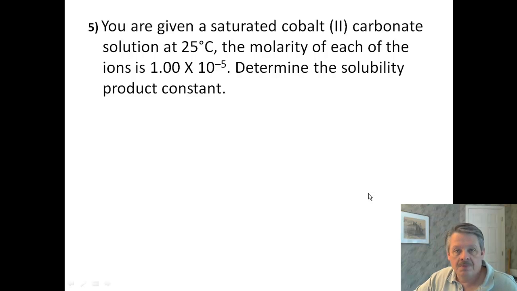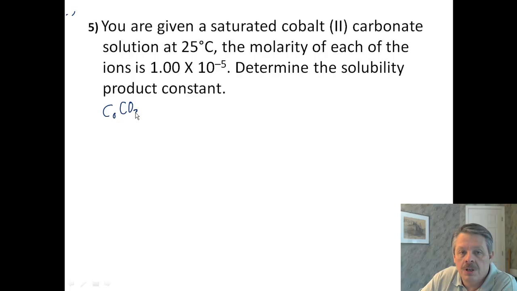All right. You're given a saturated cobalt-2 carbonate solution, and the molarity of each ion is 1 times 10 to the minus 5th. Let's see. Cobalt carbonate, CoCO3, that's plus 2 minus 2, so it just breaks up into cobalt with a 2 plus charge and carbonate, which has a 2 minus charge.